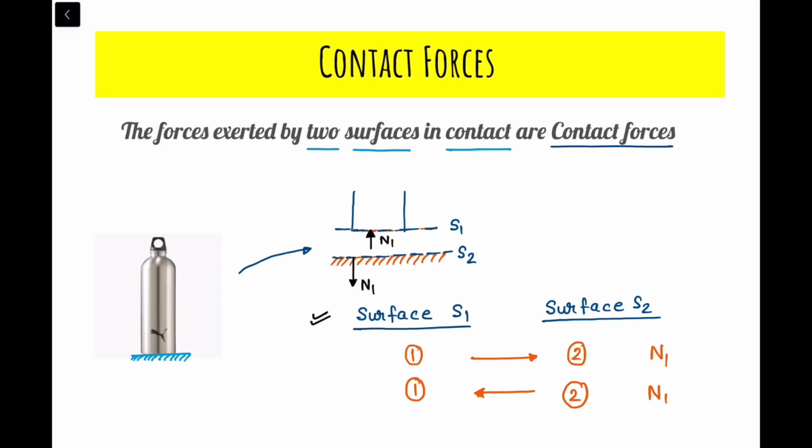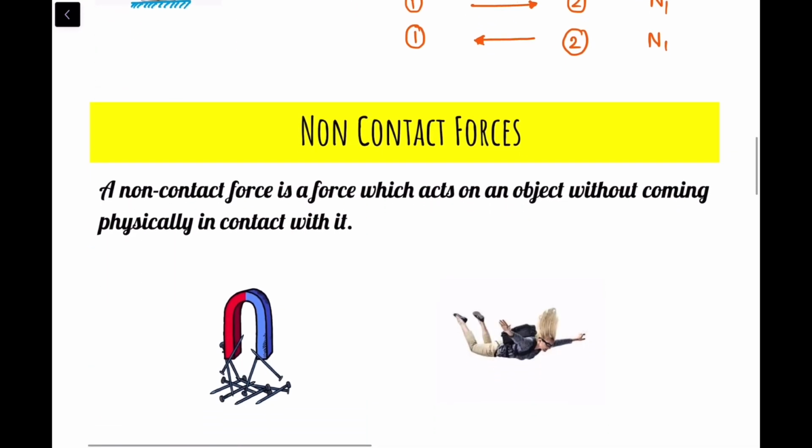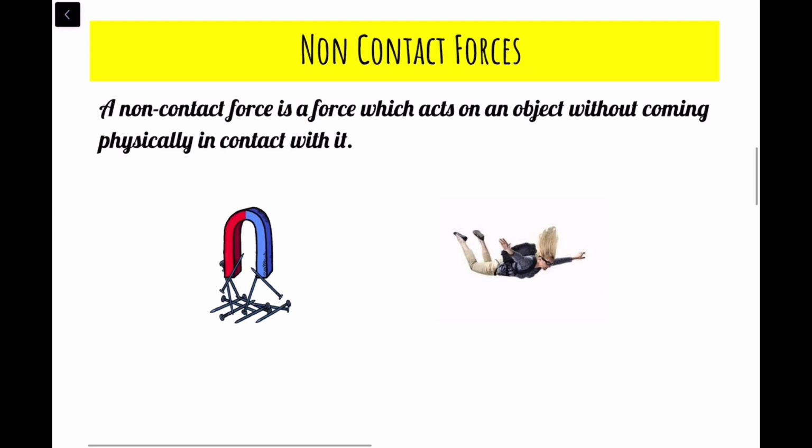Now let's go to non-contact forces. What is a non-contact force? As the name suggests, it acts on an object without coming physically in contact with it. Let me elaborate. Suppose there is a free falling lady, going on a dive from an airplane.